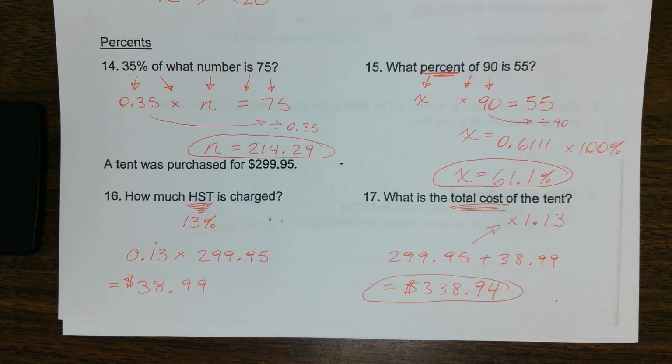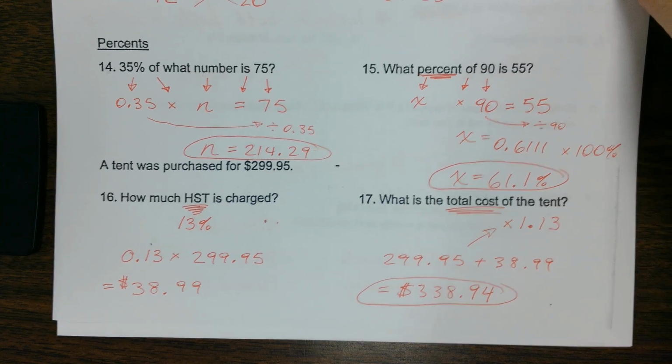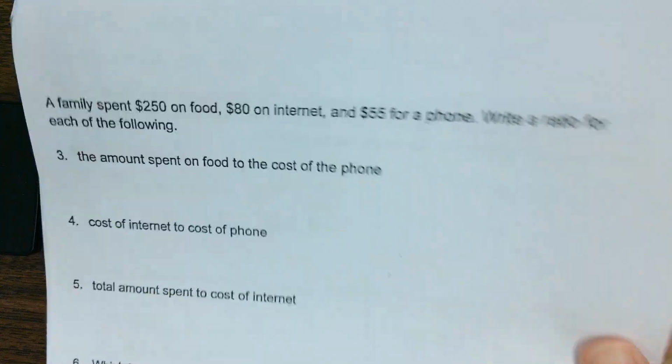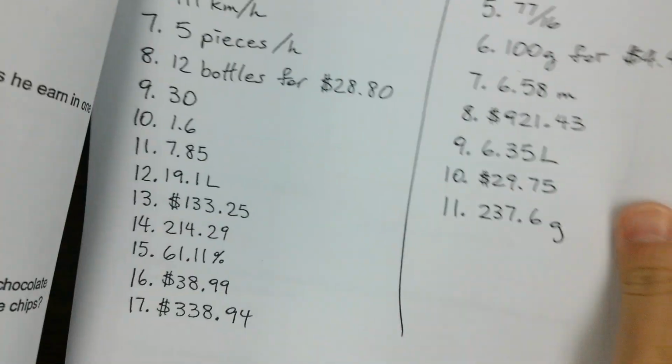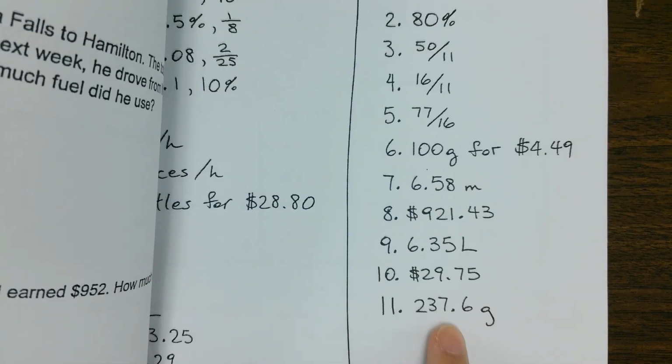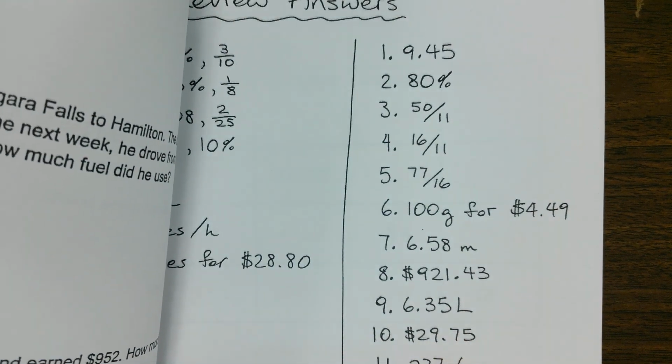Okay, so that was the first 2 pages of the review for homework over the weekend. I'll go back to it. This, the back 2 pages. Don't forget, answers are provided right here. So make sure you try the homework questions.